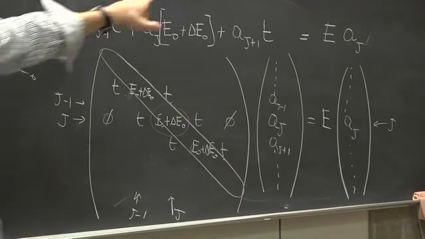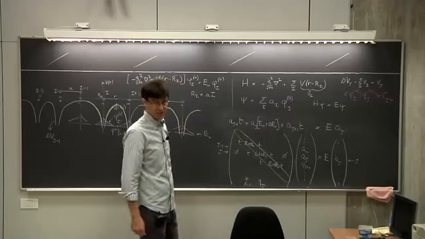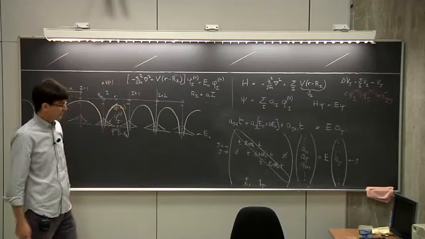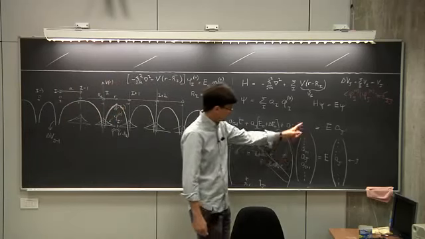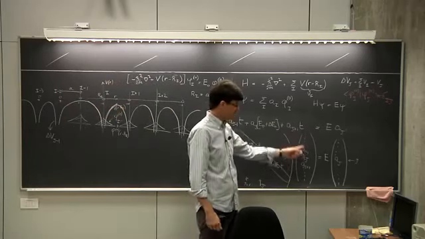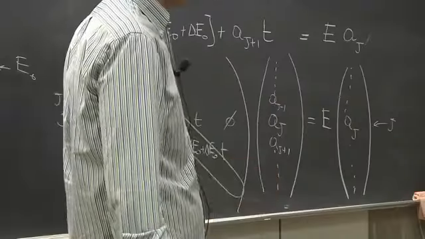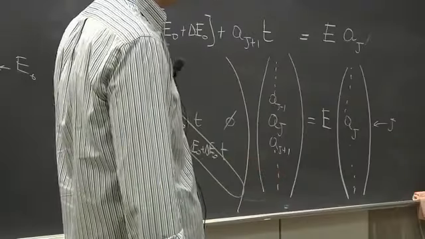We have infinitely many AJs, coefficients, to determine. So we need to determine a vector. These are all our unknowns, and it contains infinitely many terms.